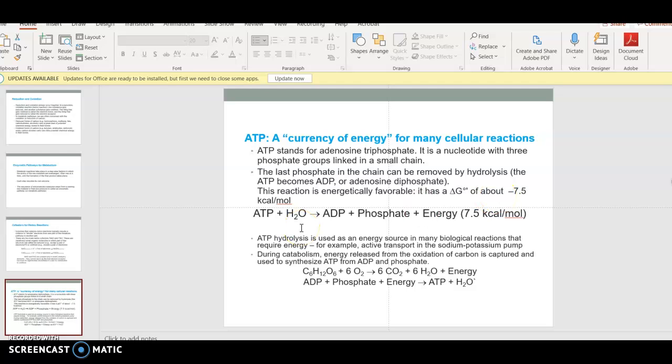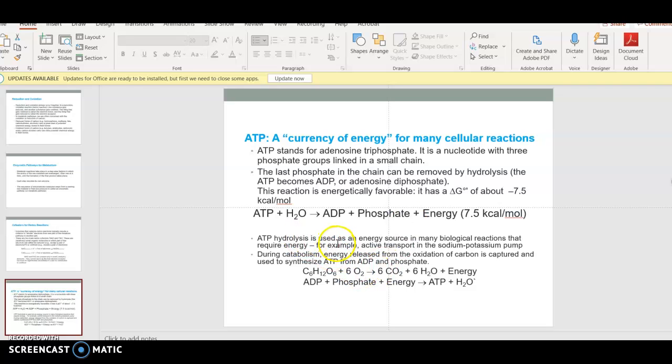Okay. As you can see, the hydrolysis of ATP will produce ADP plus phosphate plus energy, and one ATP is equivalent to 7.5 kilocalories. This ADP can further be broken down into AMP, adenosine monophosphate, and they can also be rephosphorylated back into ADP and ATP if we add one phosphate group to the molecule.